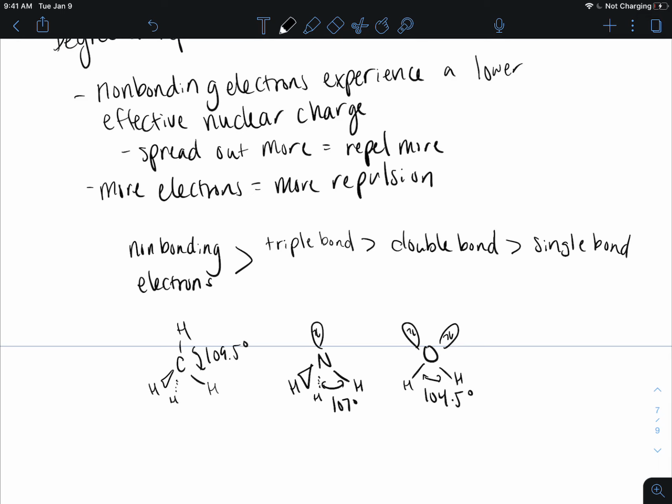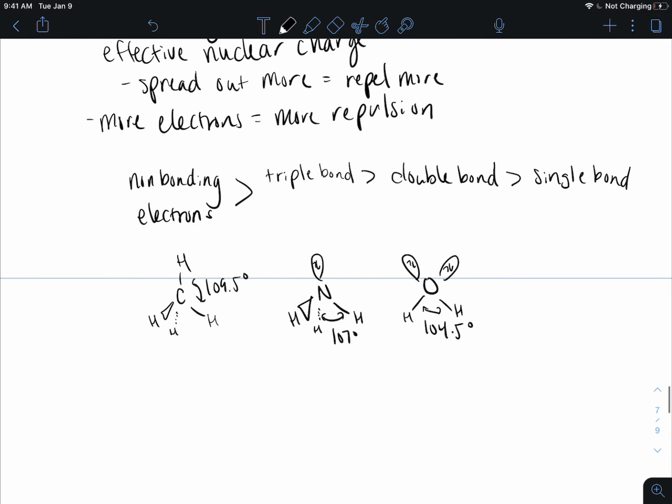And then when we look at something like this structure, this double bond, because there are 4 electrons instead of just 2, they're going to repel more than the others. So this bond angle right here and here is going to be greater than 120 degrees.